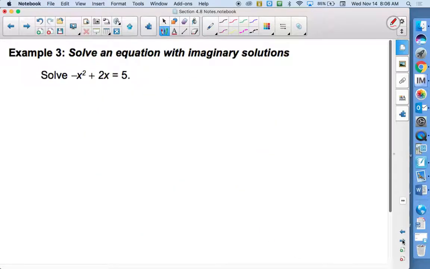So the third option would be if we could have imaginary solutions. So you either have two real answers, one real answer that turns out pretty nice, or we could have some imaginary values. So that means we might have something going on underneath that square root. Again, check to see this first problem on the right side here is a positive 5. So make sure it's equal to 0 if we're going to try and use the quadratic formula.